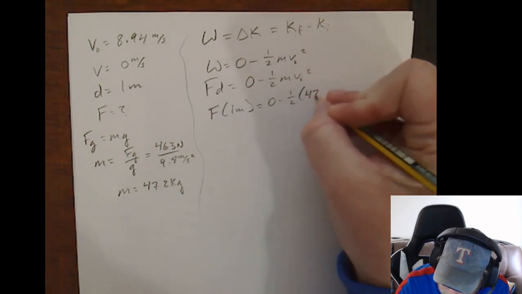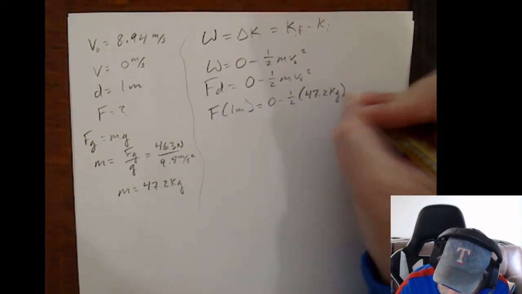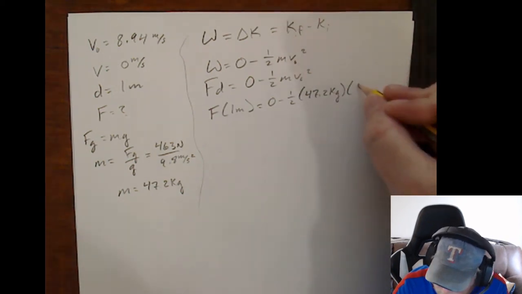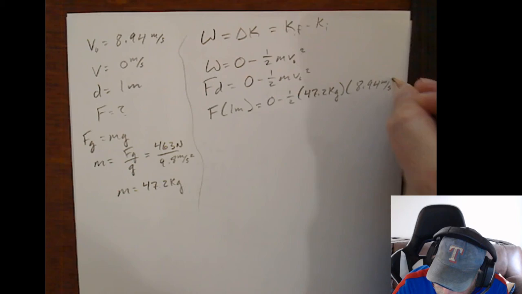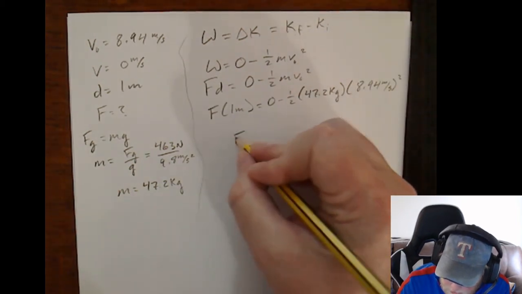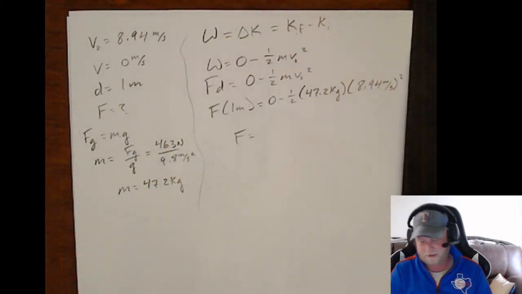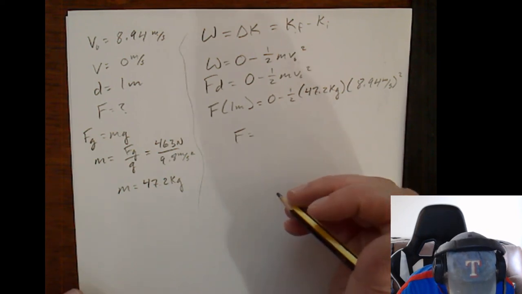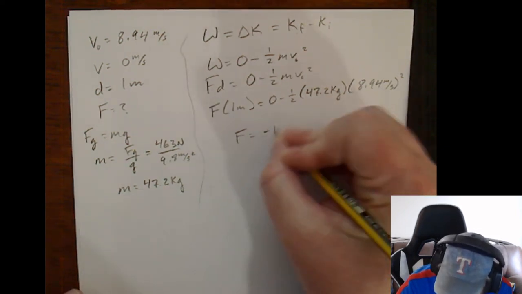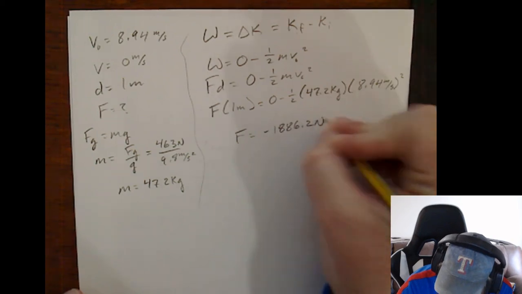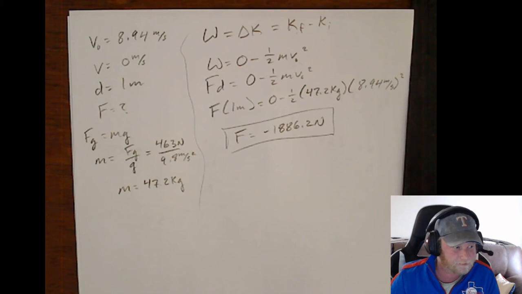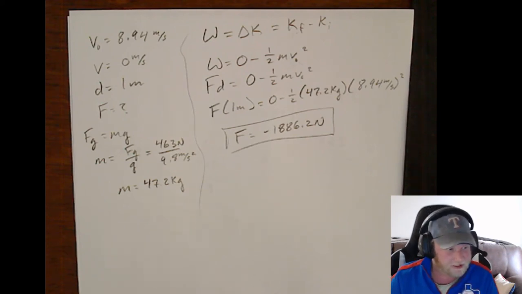So 47.2 kilograms times your initial velocity of 8.94 meters per second squared. So your force here comes out to negative 1886.2. Right, and it's negative because it's in the direction opposite the positive direction of travel.